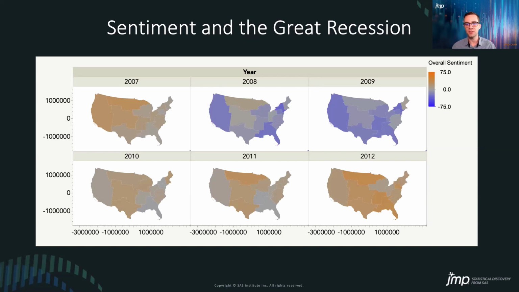In fact, if we look down in the bottom row, we can see that in Florida the sentiment doesn't seem to recover in that general area until about 2012, behind some of the other geographies. And that seems to make sense. The housing market in Florida was one of the last to recover nationwide. So we have this subjective measure of emotion, but it does track with external, economic events in a way that we would expect.